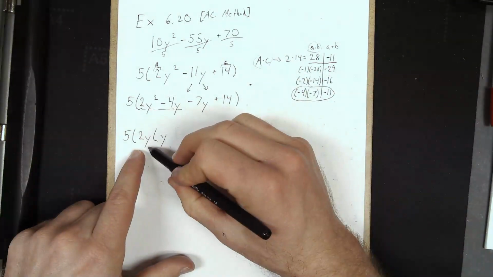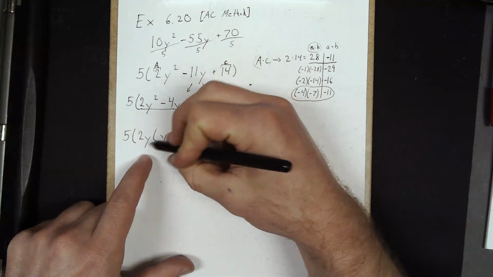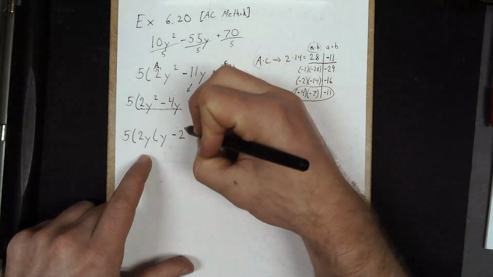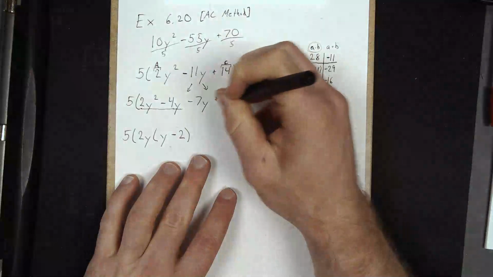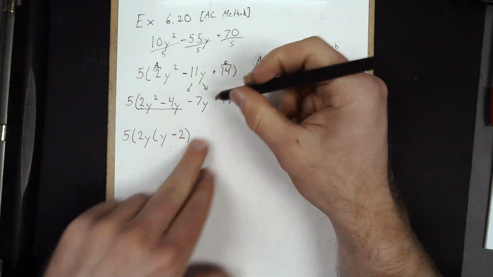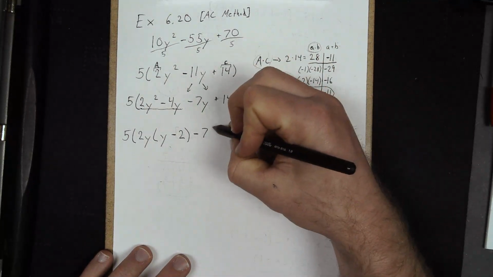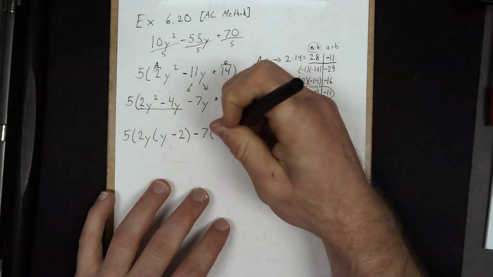And 2y times negative 2 would give us negative 4y. Okay, over here, these have a 7 in common, but I actually want to pull out a negative 7 because when I do that, you'll see why in a second.